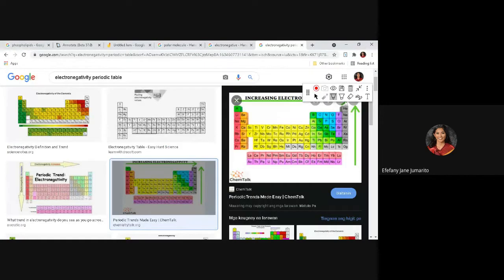Now, what if we have oxygen bonded to H? Is it polar? So when we have the F, the fluorine, and the oxygen bonded to an H, that's polar. Now, N and H, NH, is it polar?